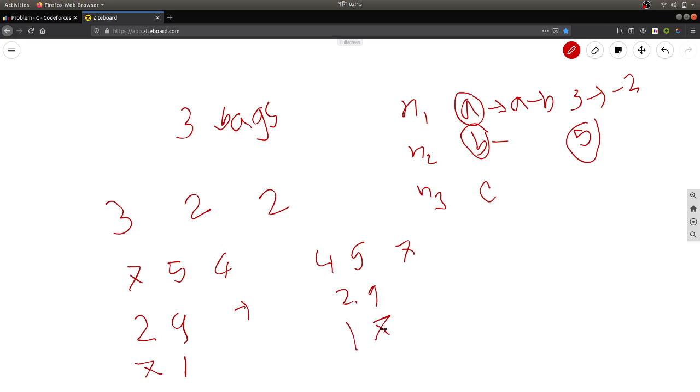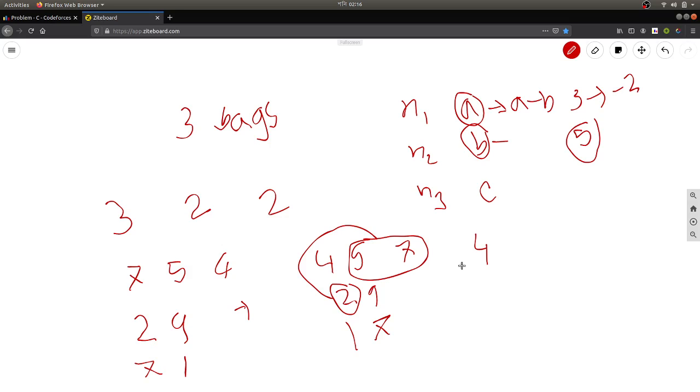Now what we can do is continuously choose these two, take them out and replace. If we do that, it becomes 4, and these two are deleted, and I do it one at a time.